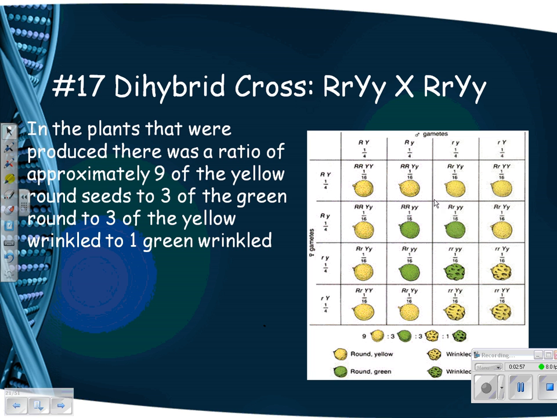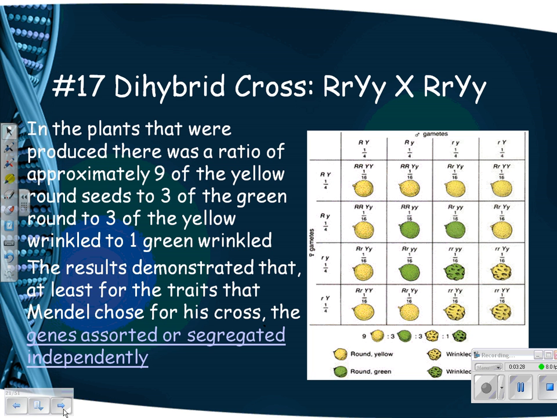So 9, and then 3 of the round green and 3 of the yellow wrinkled. So these have a dominant of the yellow, but the wrinkled recessive. These have the smooth dominant, but the green recessive. And then there was only one of them with the green wrinkled, which was doubly recessive.